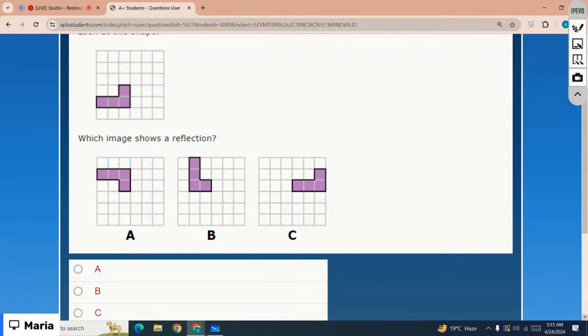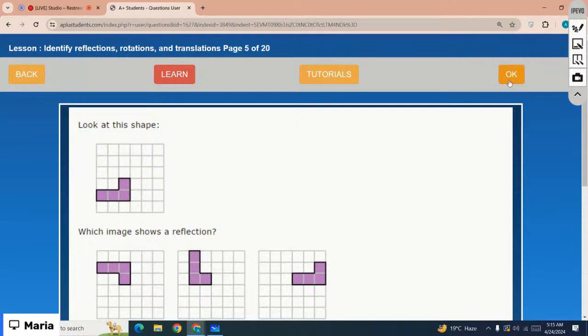The correct option is A, the reflection, because A is the mirror image, right?